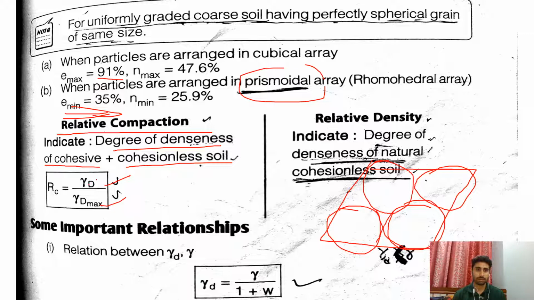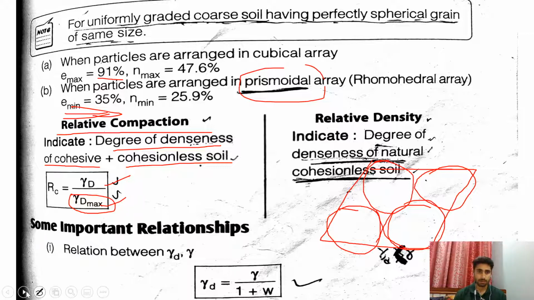Gamma d is the dry unit weight in any bulk condition, and gamma d maximum means the unit weight at maximum dry density, which we get when soil is compacted to its maximum potential.